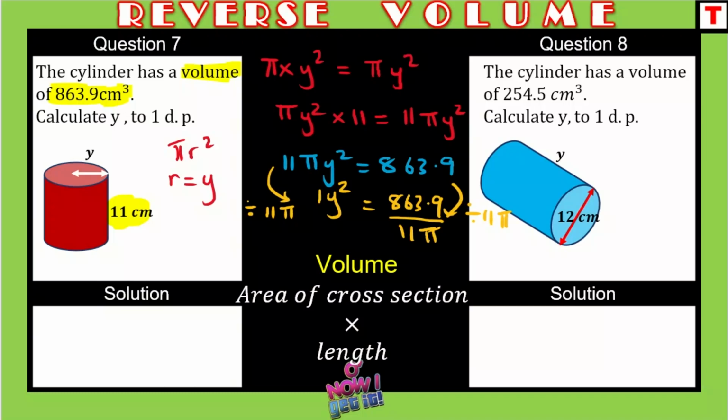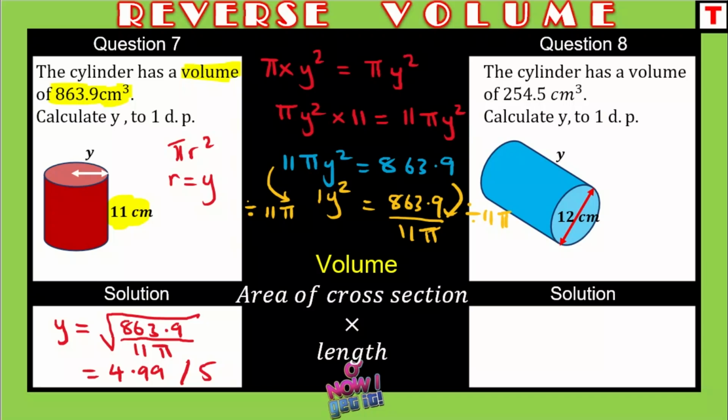So for my final part of the expression that I would write down, y would be equal to the square root of 863.9 all divided by 11 pi. And this is now going to give me an answer of 4.99, or we can say 5 to the nearest whole number.